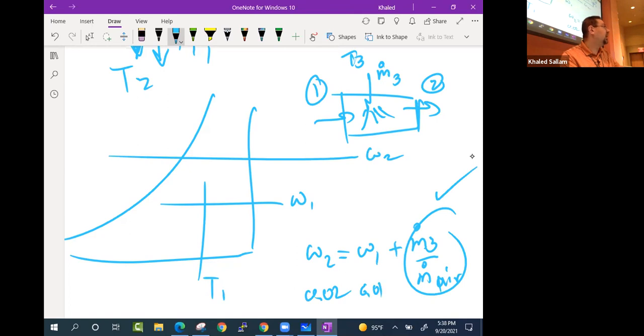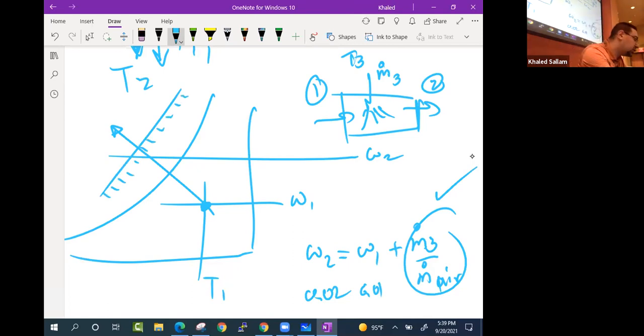Now for the enthalpy, you already know where you are, T1 and omega 1. You can just read it. What do I read when I go up on a scale here like this?